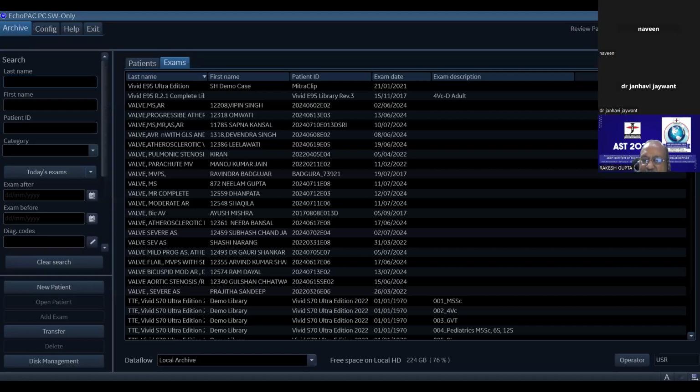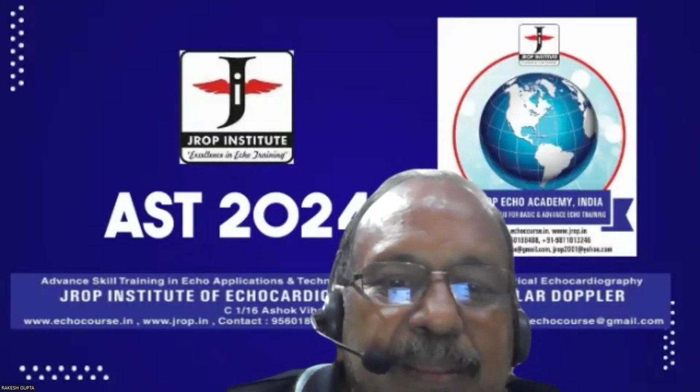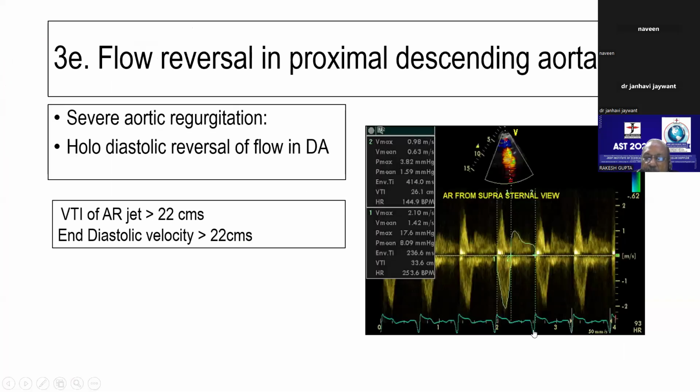So you should start with this point, trace along this line. Now you can see the image. Same image. Now in this image, you start from this point, go along this border, and trace the Doppler spectrum pattern.